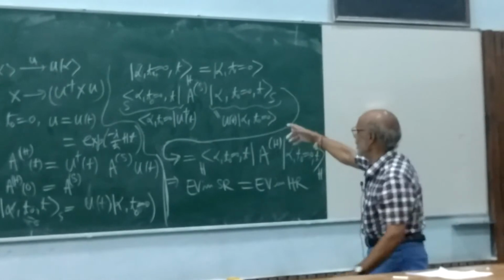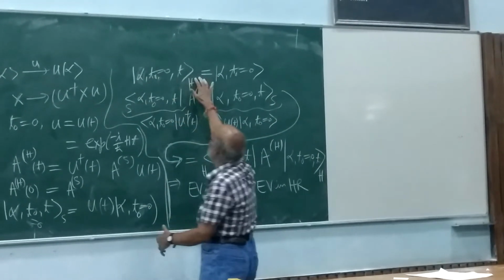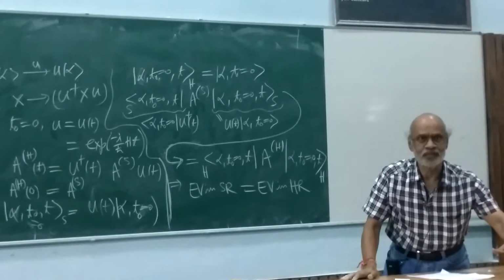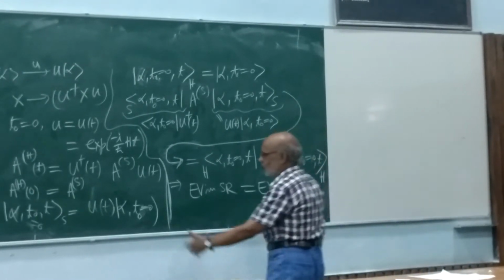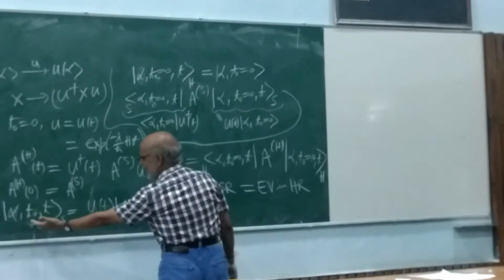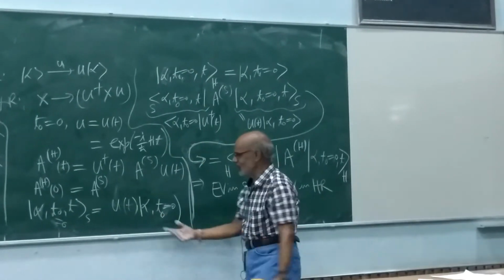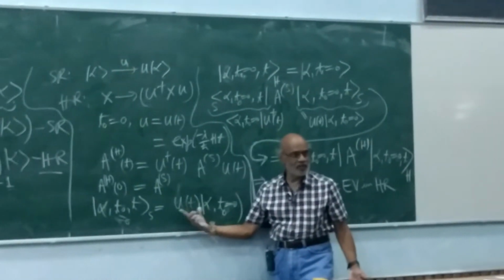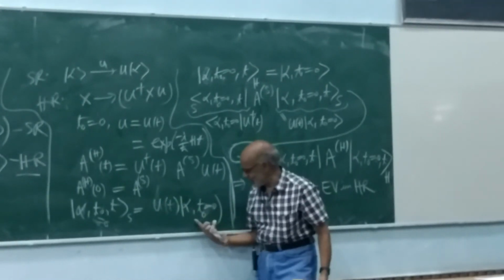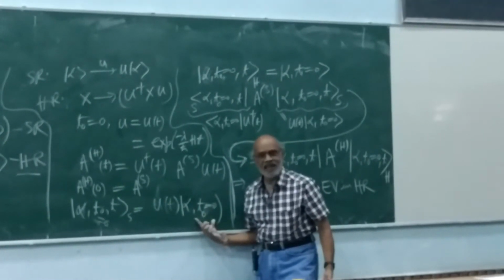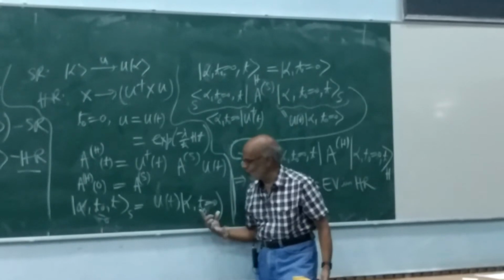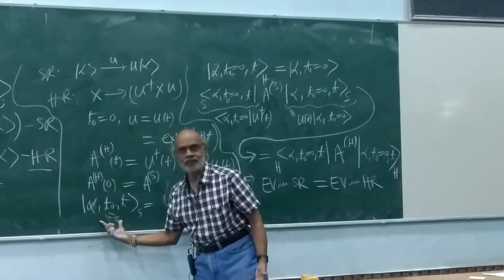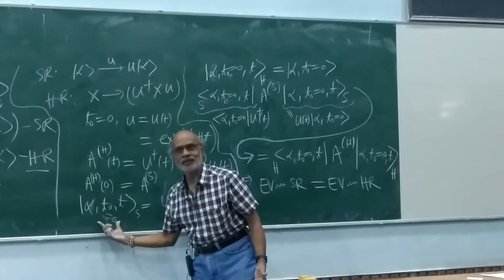I repeat from here. This is my Heisenberg state vector, or a state vector in the Heisenberg representation. And of course, this is my state vector in the Schrodinger representation. So here, this U of t, the time evolution operator, evolves this state, which was defined at the initial time t0 equal to 0, to a later point of time at t equal to t. Is this alright?